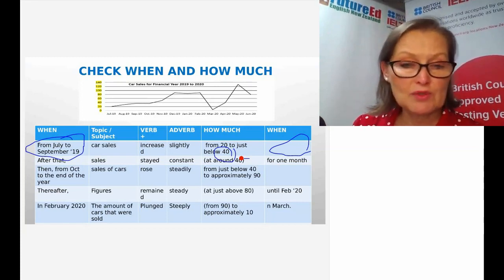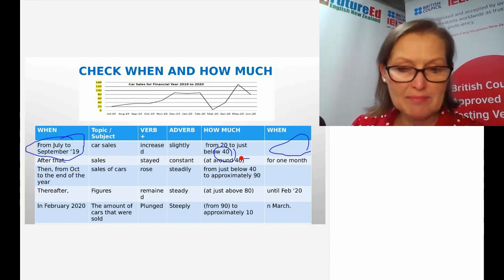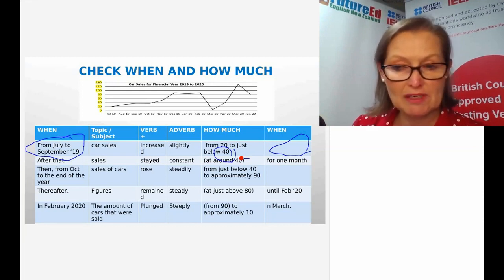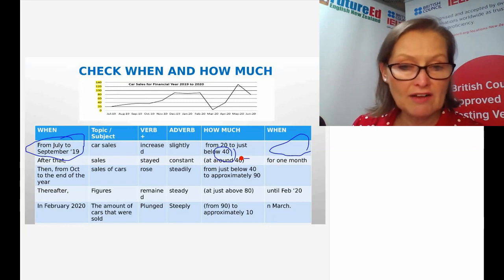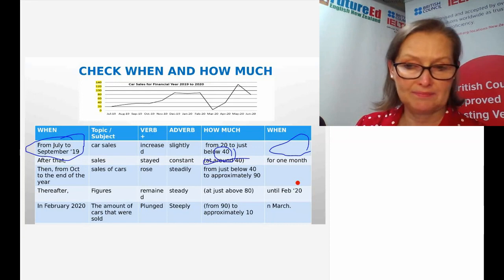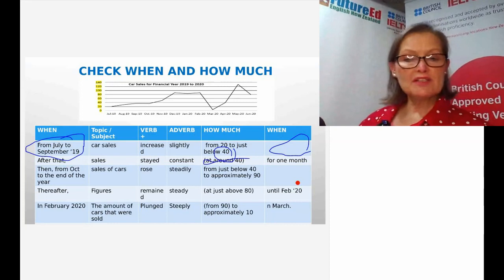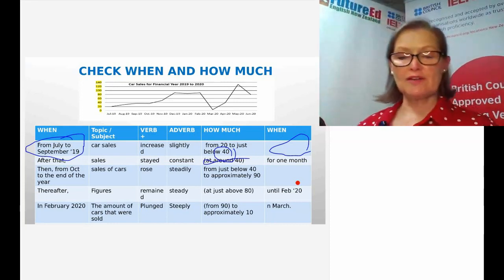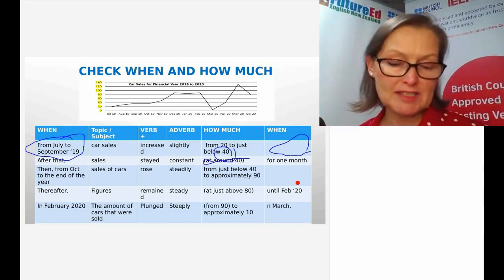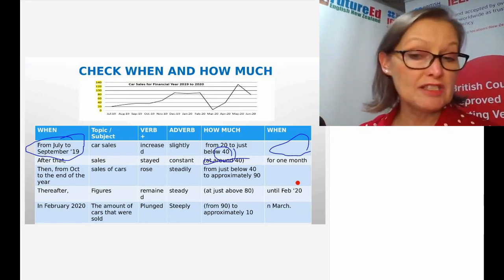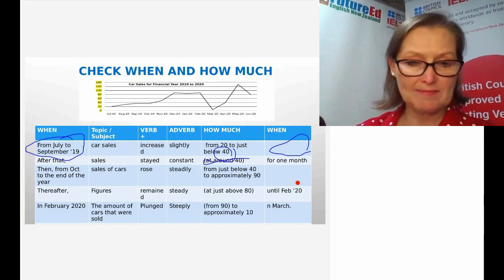So my sentence could also read, from July to September 19, car sales increased slightly from 20 to just below 40, and after that, sales stayed constant for 1 month. And this is how, using this very, very tight sentence structure, I can actually make it a little bit less mechanical just by dropping that clause, because we've already mentioned it in the sentence just before that.